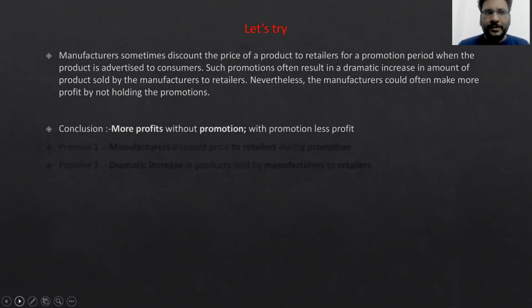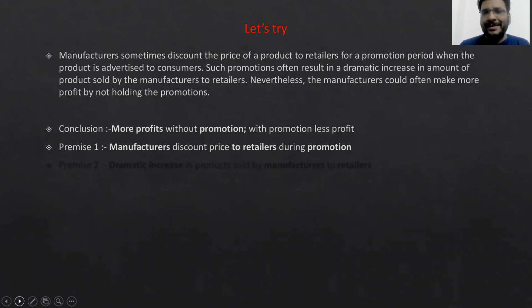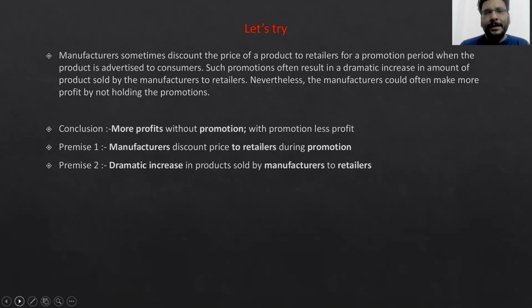Look at the conclusion, right? Conclusion says more profits without promotion, with promotion, less profit. That's my conclusion. And the premise says manufacturers discount their price to retailers during promotion, and during promotion, there is a dramatic increase in product sold by manufacturers to retailers. So these are my 2 reasons.